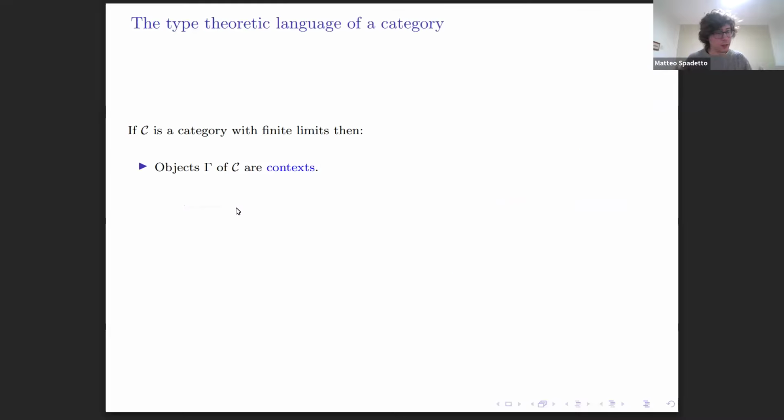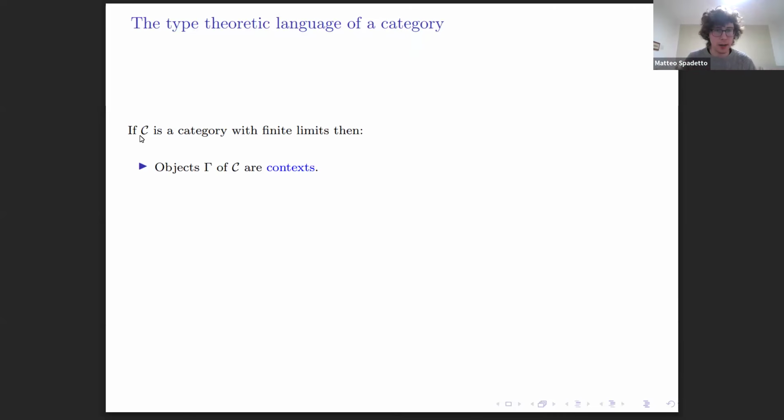Normally, or at least for this talk, in order to do this, we typically use the type theoretic language of a category. So if we have a category that has some notion of reindexing, this is achieved, for instance, when you have enough pullbacks.